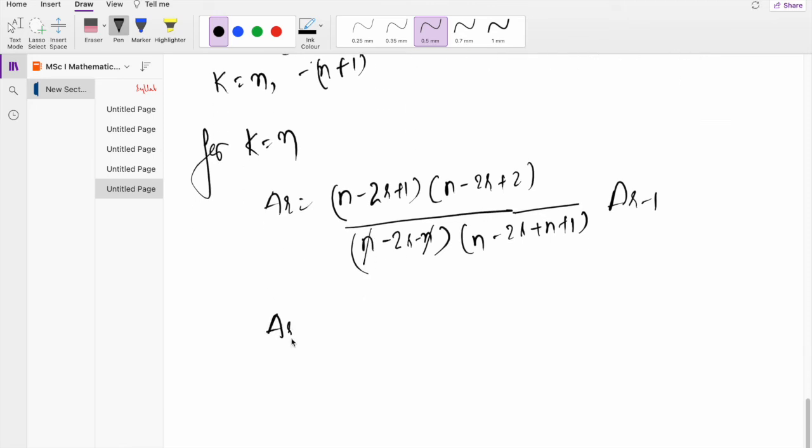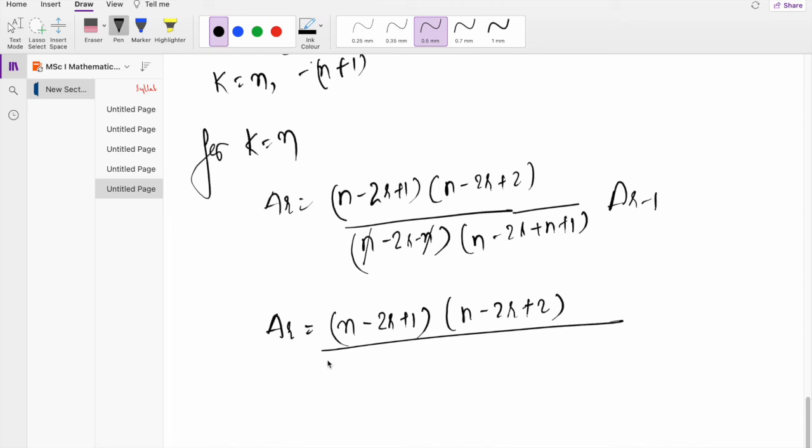So the final a_r will be n minus 2r plus 1, n minus 2r plus 2, whole upon minus 2r, here 2n minus 2r plus 1, in terms of a_r minus 1.